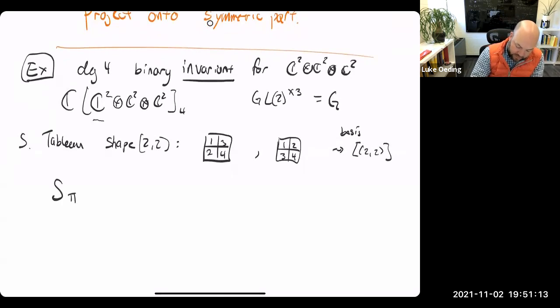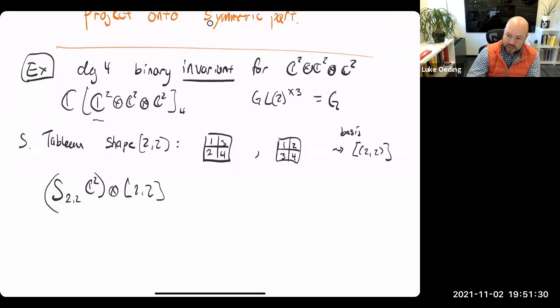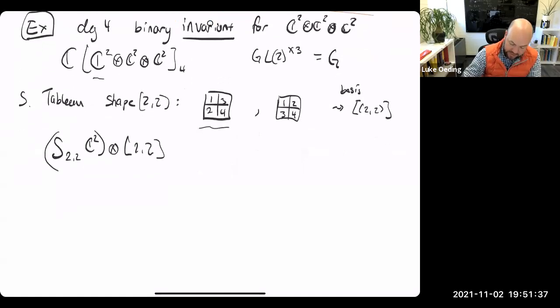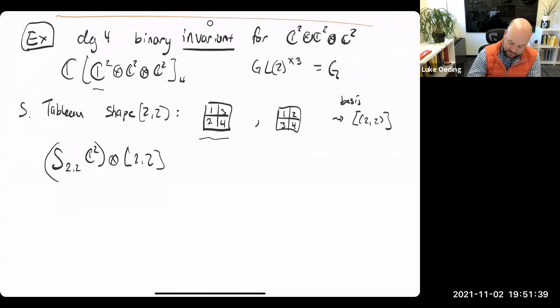Then I need to compute. I'm interested in this Schur functor S22 of C2, and I have 2 ways to write down elements from this. I have 2 copies of this thing, tensored with 2, right? This is what occurs in the Schur-Weil duality statement. So this thing is 2-dimensional. I'm just going to do one of them to see what happens for this case. So I'll get a copy of S22 C2 from using the, let's call this one T1, C T1, says take V1.